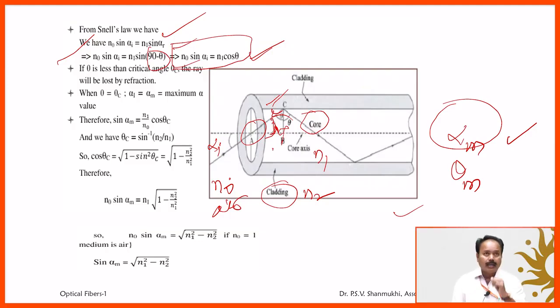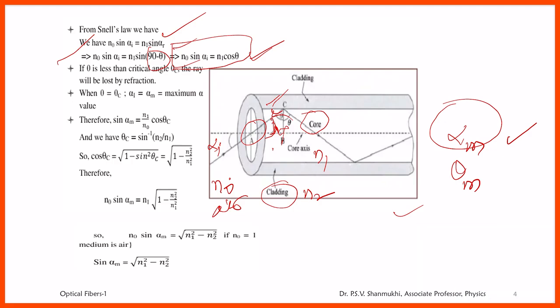Now keep it aside. I want to introduce one new angle, alpha m, in such a way that if alpha is equal to alpha m, then theta is making the critical angle theta c. If theta is less than the critical angle theta c, the light ray will be lost by refraction. When theta is equal to theta c, alpha is equal to alpha m, the maximum value.